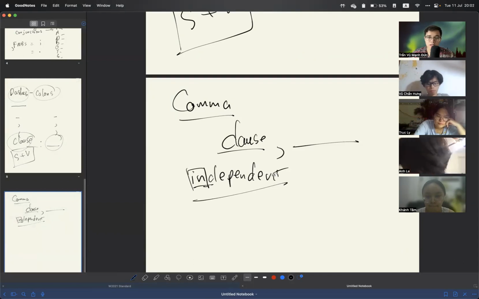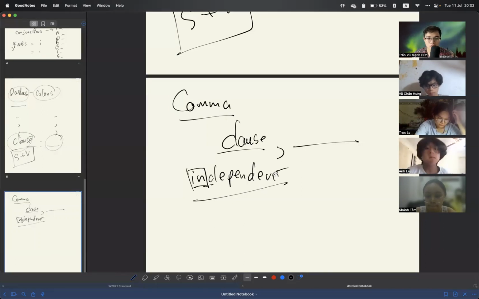But the latter part, which is connected from the comma, has to be a dependent clause, or vice versa. You can flip the position. You can put the dependent clause in front and independent clause after. But just one requirement, that you need to have at least one dependent clause before or after a comma, just beside a comma. All right.